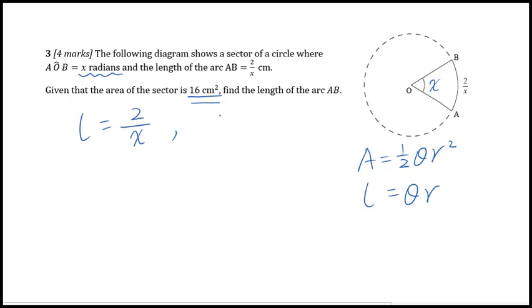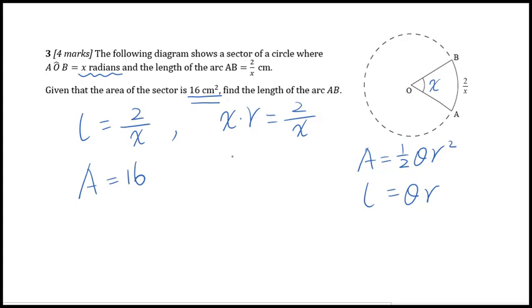So we get x times r equals 2 over x. For the sector area, that equals 16.